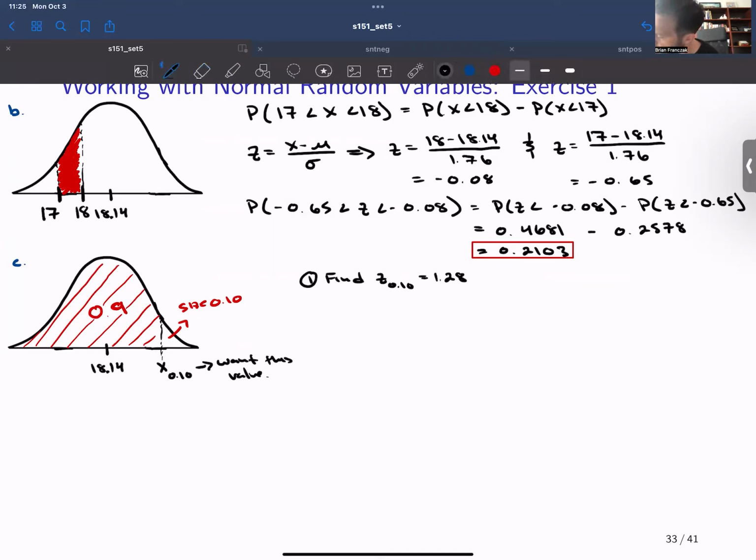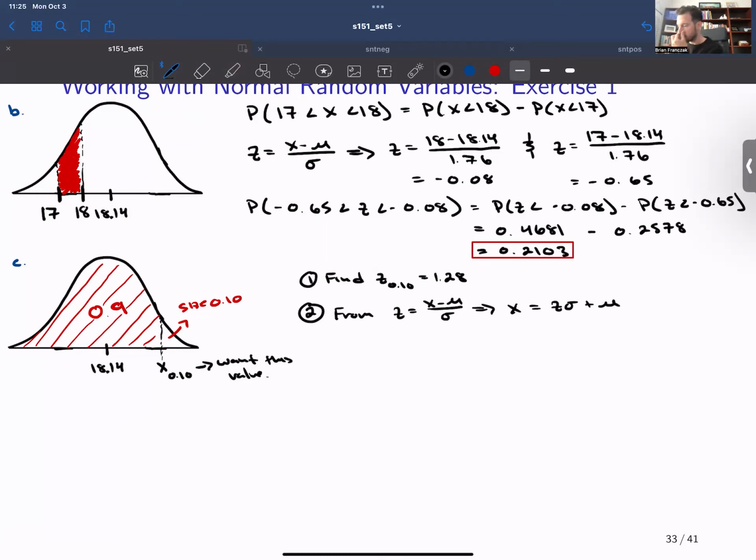Okay, so now what we do is we convert to x. We've shown how this formula works before, but from the equation given above, from z equals x minus mu over sigma, we can rearrange to show that x is equal to z sigma plus mu.